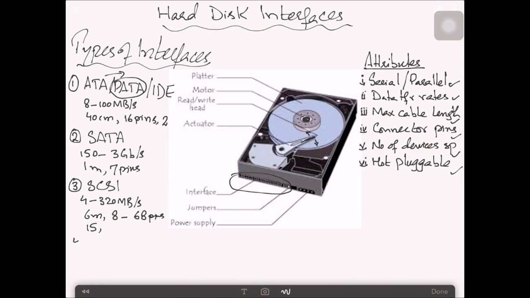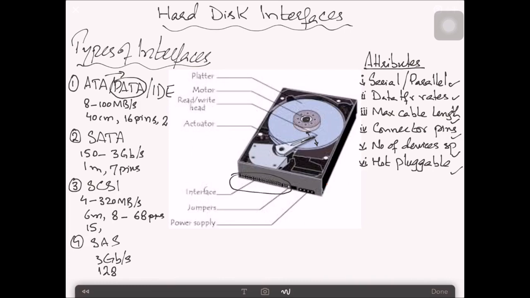After SCSI, we also have SAS, the Serial SCSI, which is a bit of an improvement over SCSI, which supports data transfer of 3 gigabits per second and supports 128 devices to be connected with a single port.